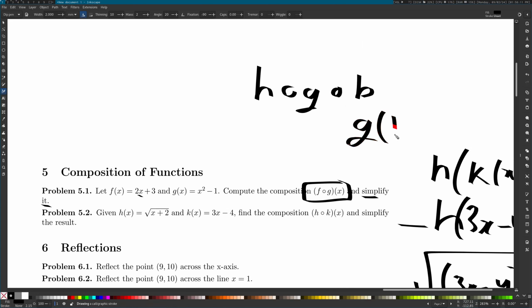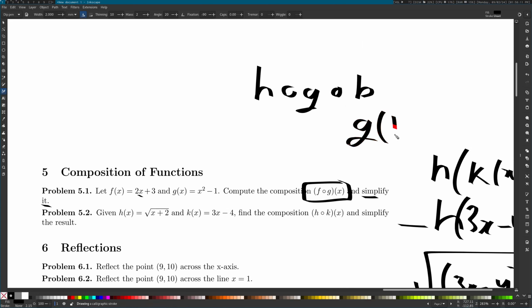Okay. Bonus question for this one. Since we have a square root, what is the domain of the composition? For the composition? Wait, what did you say? Be greater than or equal to -2. -2 or 3?